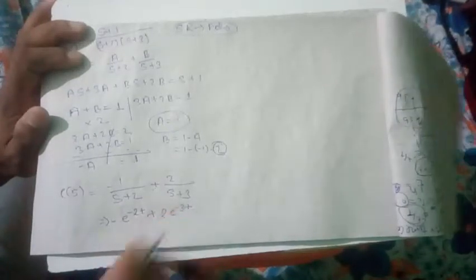Written as minus exponential minus 2t plus 2 exponential minus 3t.